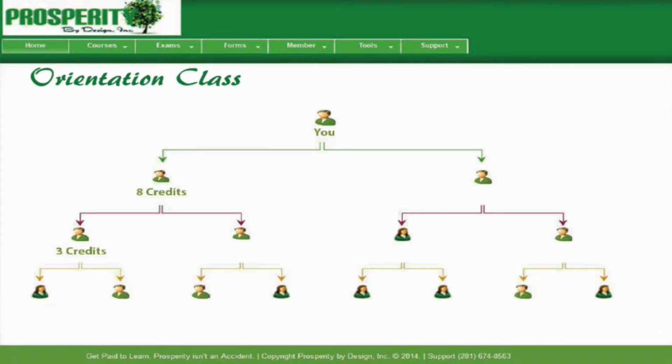You get paid 9 education credits going across on 8 students. So now the classroom is a total of 14, and you got 8 students that you're getting education credits on, a total of 72, which means that when the orientation class fills up, you got 100 education credits or $100. That's basically how the program works.